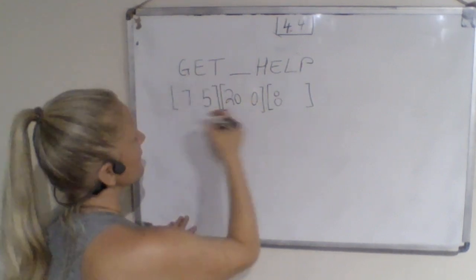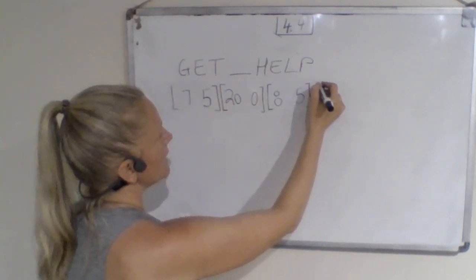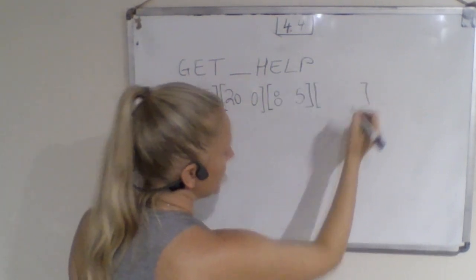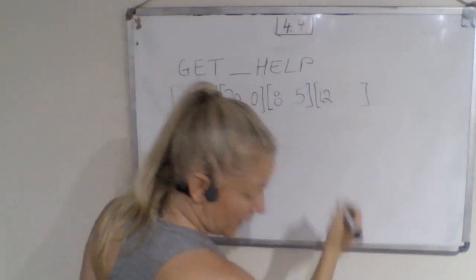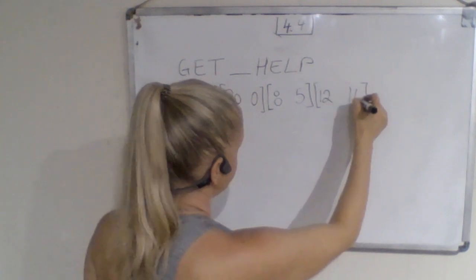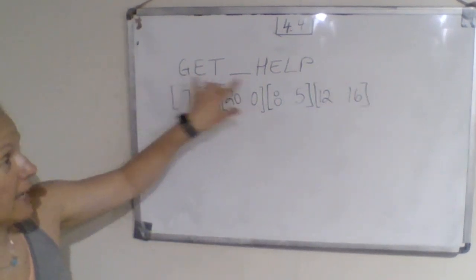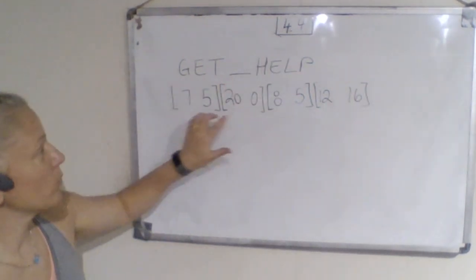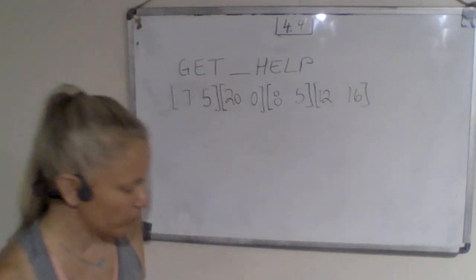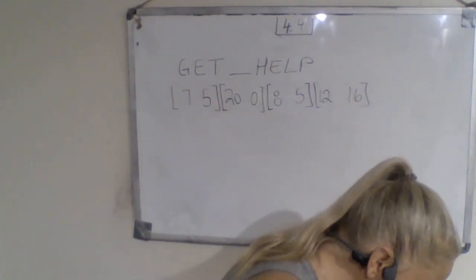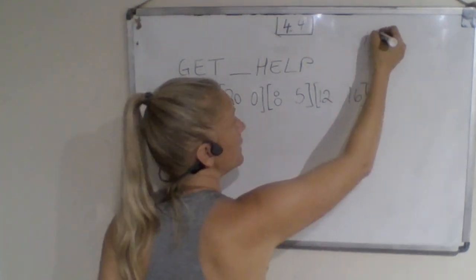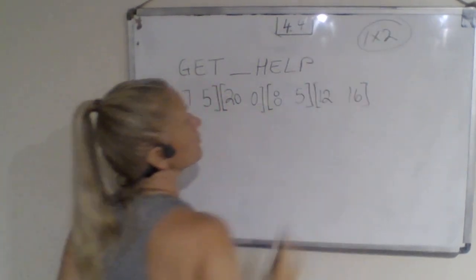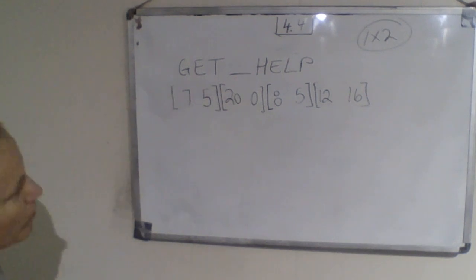E, which I already used, is 5. And then L and P: L is 12 and P is 16. So we went from "get help" to row matrices, using the list above. Remember, they're going to have to be 1 by 2. And that's your example 4.